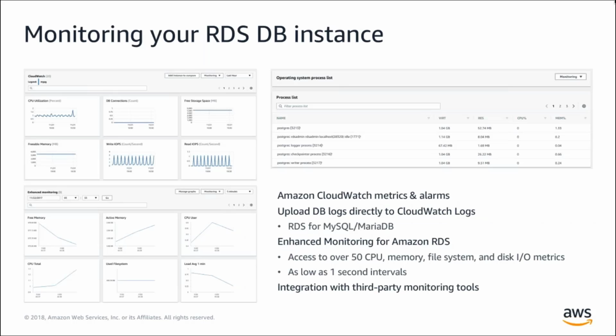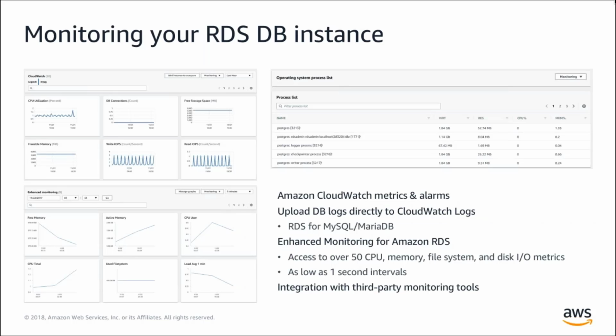Apart from the CloudWatch metrics that are provided by default, we also have optional enhanced monitoring. Enhanced monitoring gives you the OS level statistics and top-like output, where you can see the top 50 processes consuming high CPU and memory.